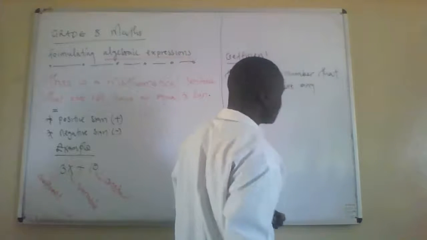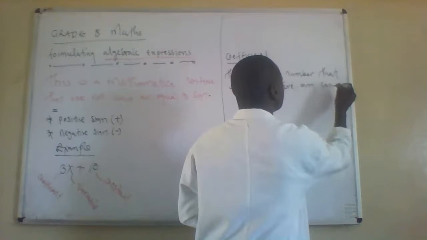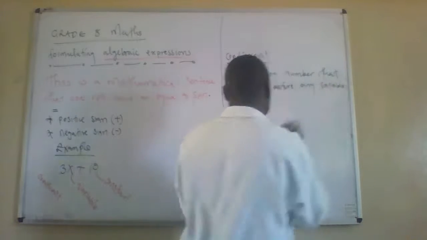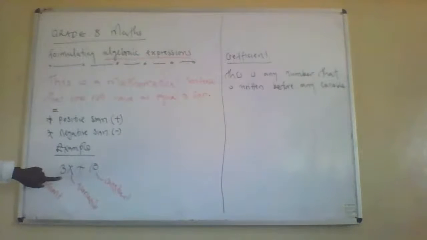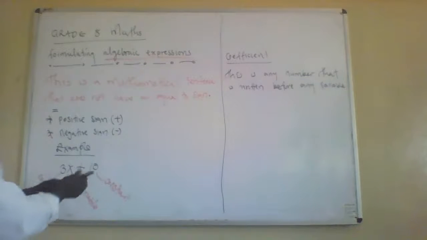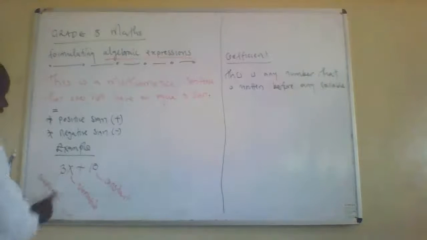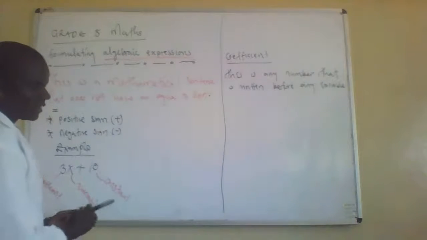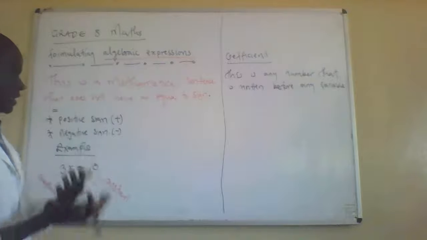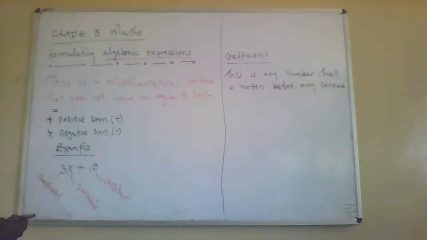If you look at the number which is written before the variable x in our case, it is 3. So we can say 3 is our coefficient. We understand that the coefficient is a number that is written before any variable. The variable can be m, l, or y, any letter of the alphabet.